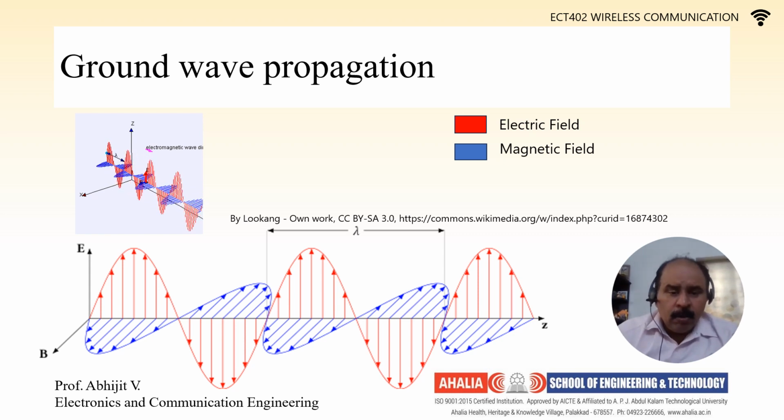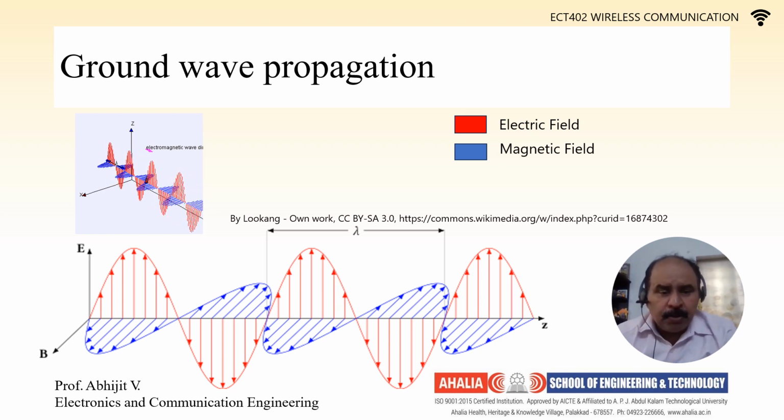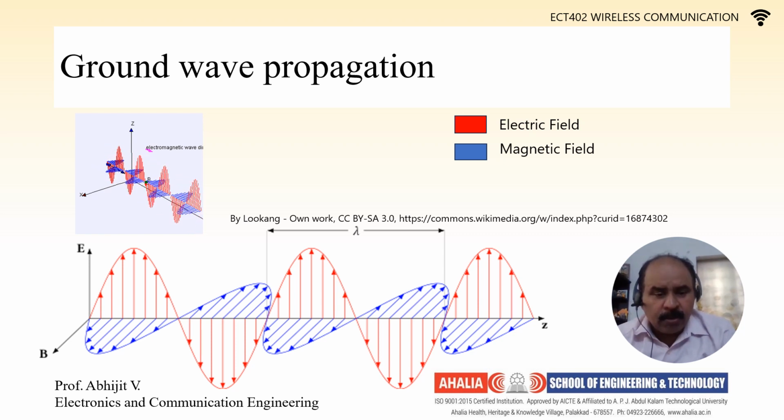This is a particular GIF which I have taken from Wikipedia, which demonstrates the propagation of an electromagnetic wave. You could see that this wave is propagating in this particular direction and you have a parallel, a 90 degree orthogonal, electric field towards this direction and magnetic field towards this direction.